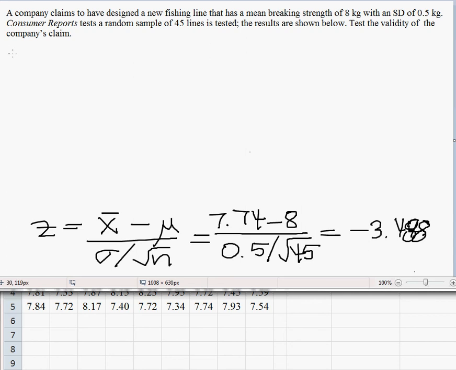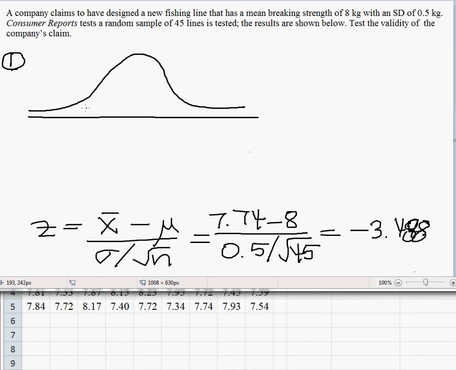The first way of deciding whether to retain or reject the null hypothesis is by figuring out the p-value, which means I need the area to the left of negative 3.488. However, because I had a two-sided alternative, because I had a not equal sign, when I wrote down the alternative hypothesis, I need the area from both the left and the right.